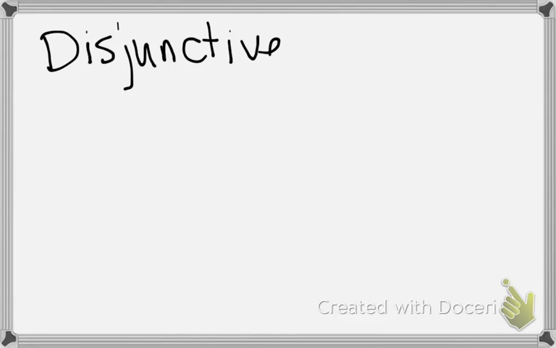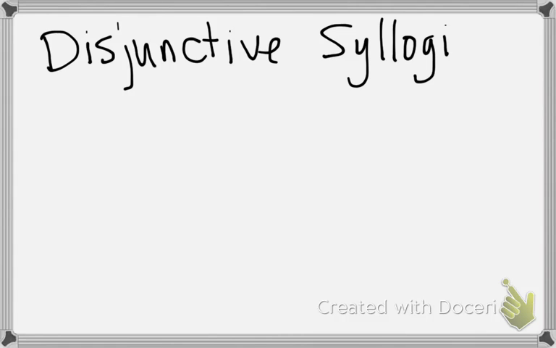the first rule that I want to introduce you to should be familiar to you from the first part of our course. It's the rule of disjunctive syllogism. And we're going to abbreviate that using the abbreviation capitals DS.